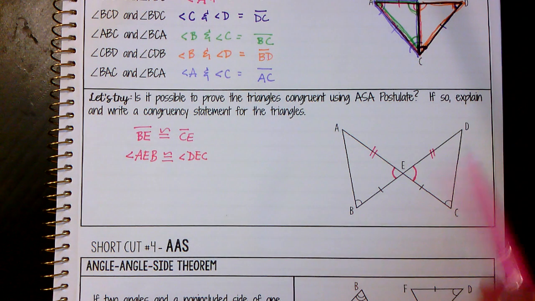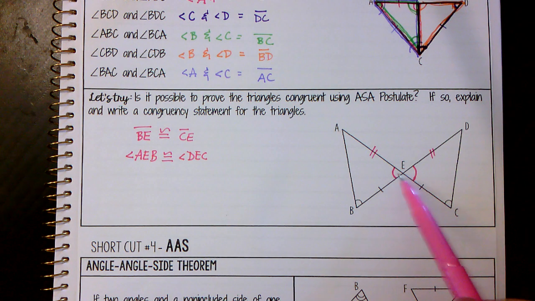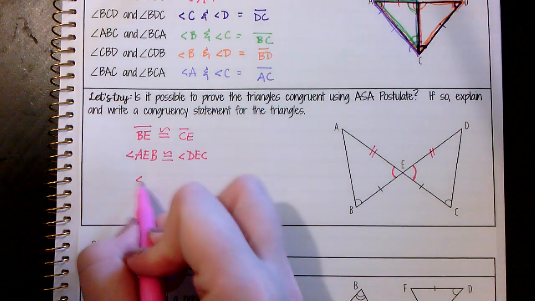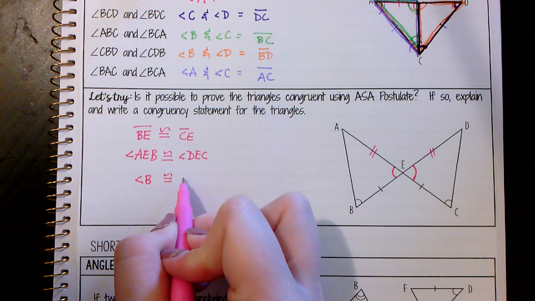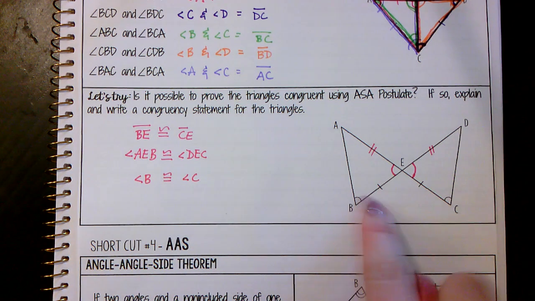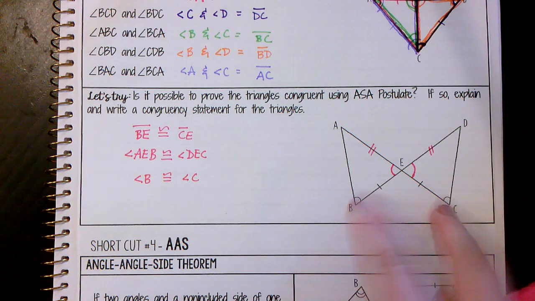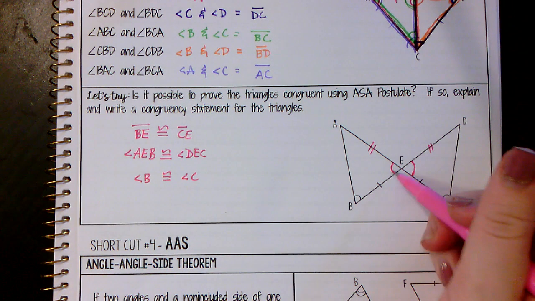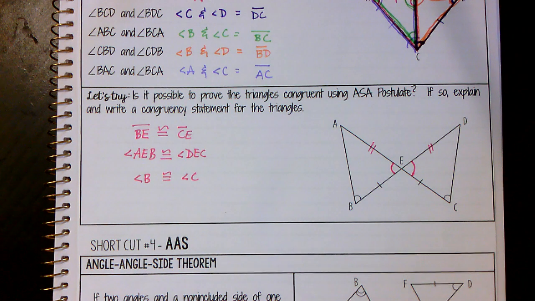So AEB and DEC, those are congruent angles. And then it tells us that B and C are congruent. So angle B is congruent to angle C. They give us that angle. So if we know these angles are the same, this side is the same, and these angles are the same, then we can prove angle, side, angle, and we are good to go there.